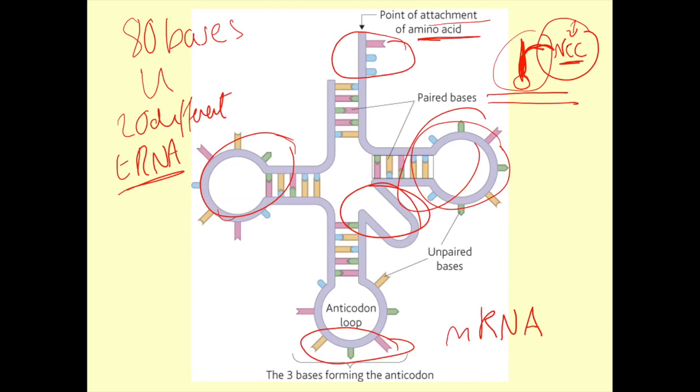So the function of the tRNA is to bind with a specific amino acid. How is that specificity achieved? It's about getting the right shape of the tRNA that will fit into the enzyme that catalyzes this reaction to join a specific amino acid to the tRNA.